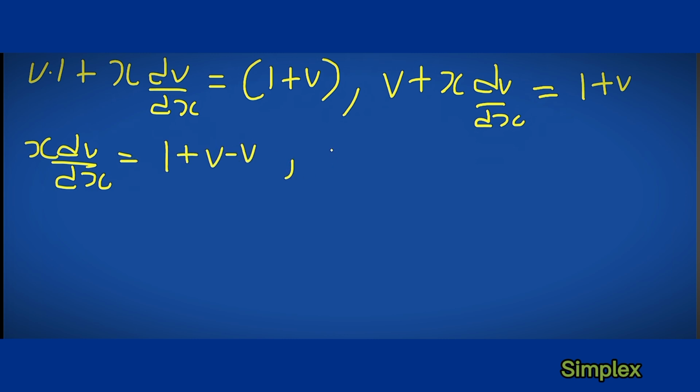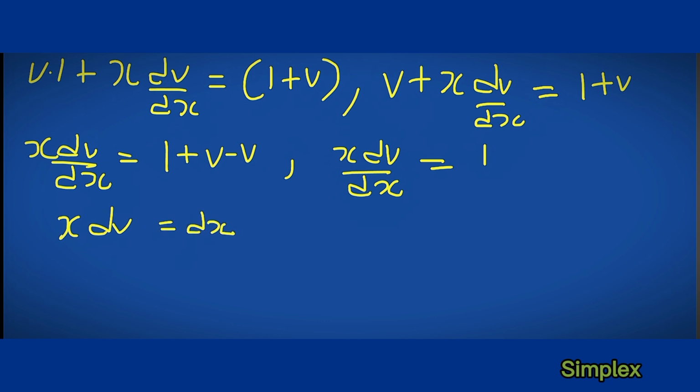So we're left with x dv/dx is equal to 1. So we have that x dv is equal to dx. Dividing both sides by x, we have dv is equal to dx over x.